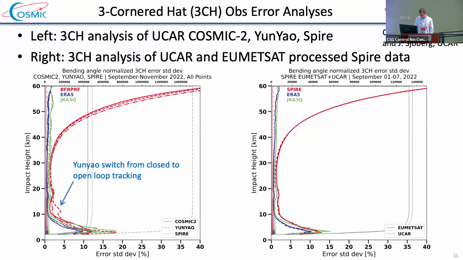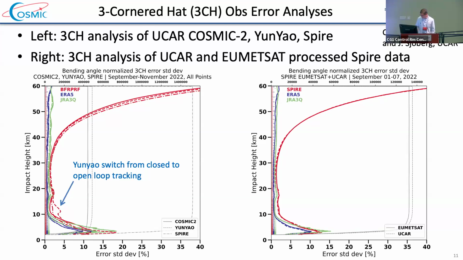And again, largely very, very consistent observational errors computed using this technique. There are some differences with Yunyao here related to how they're doing tracking. But for most of the altitudes here, it's highly consistent, which is really nice.